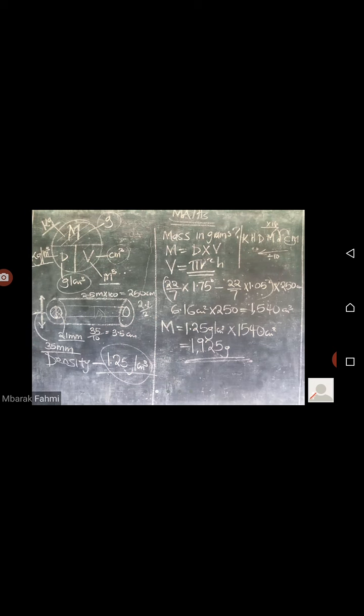Okay, so is there any question up to that level, so that we can now give more examples involving mass, volume, and density?